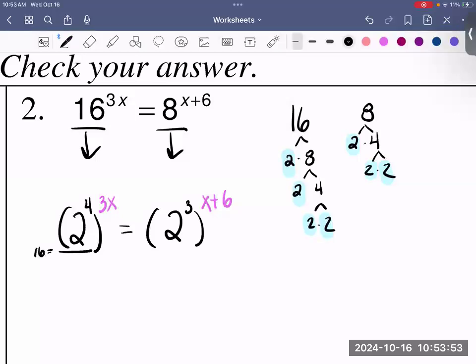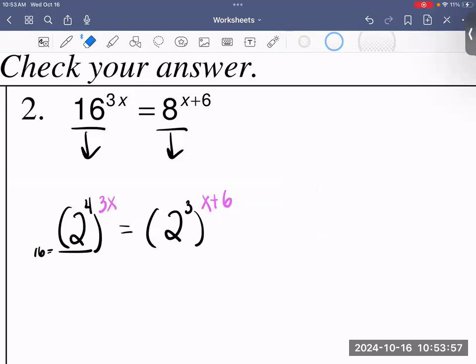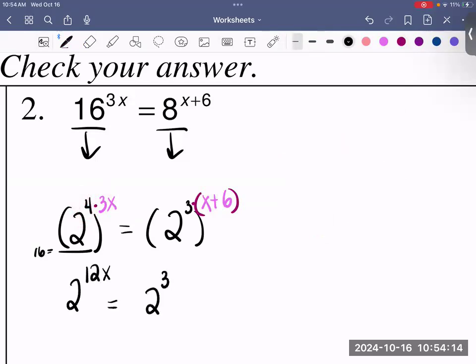Now, depending on your number sense with your properties of exponents, we end up multiplying when you have a power raised to another power. So we're going to be multiplying here. So we have 2 to the 12x is equal to 2 to the 3x plus 18.